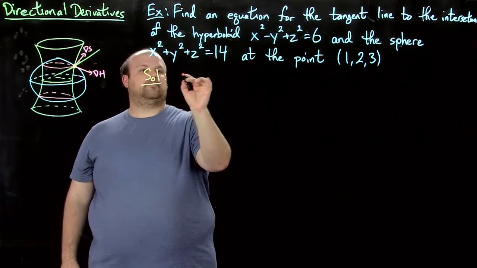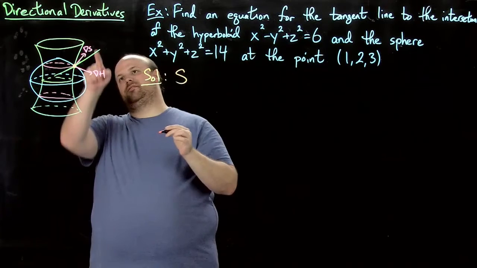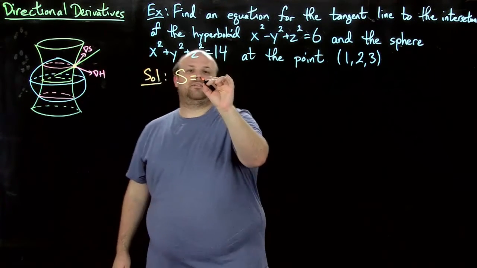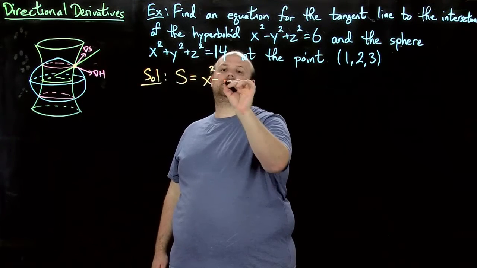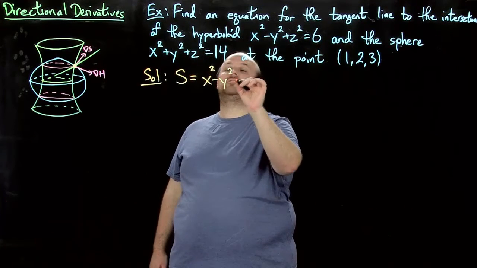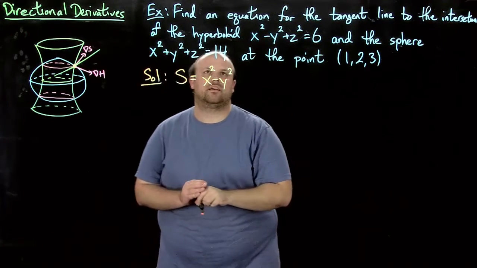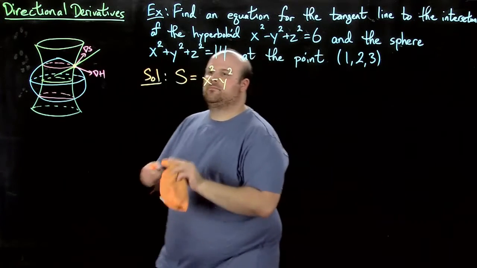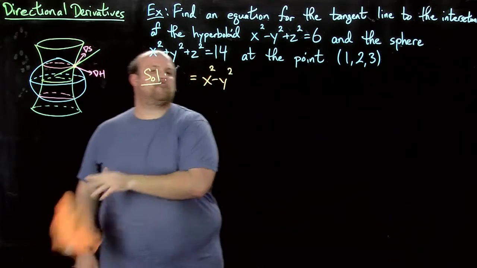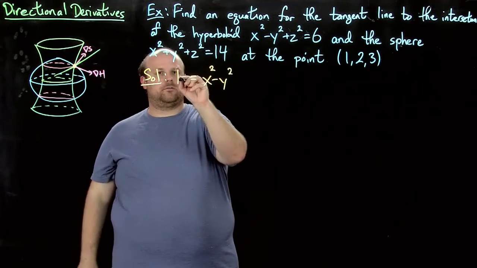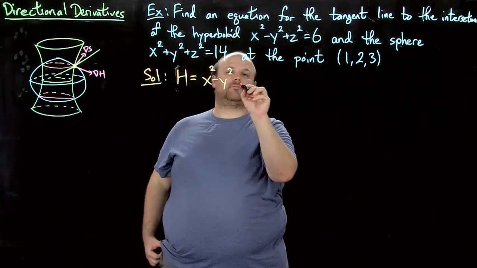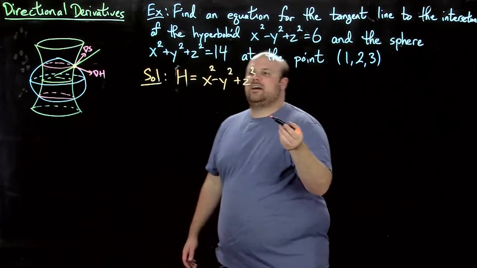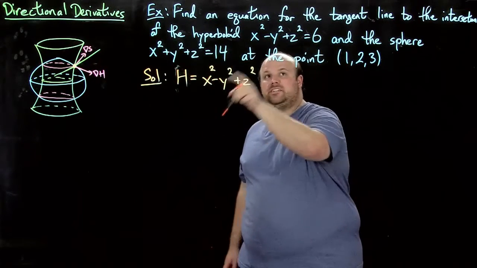So the sphere, we named this function S here, so let's keep it. The hyperboloid, sorry, I'm doing the hyperboloid. Wanted to call that h. Right? So h is x squared minus y squared plus z squared. Okay? And the hyperboloid itself, of course, is h equals 6.